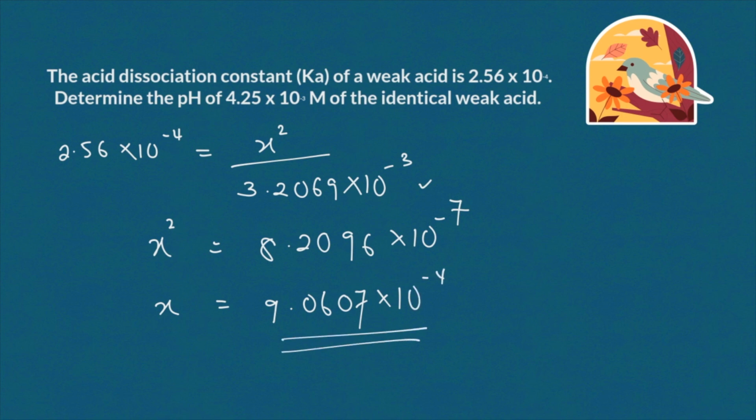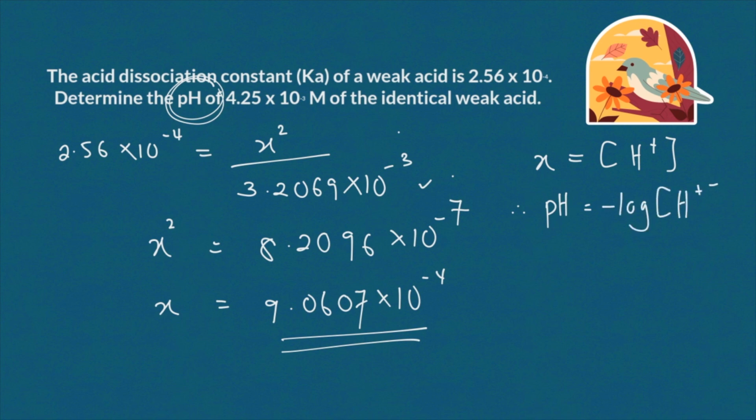Right, let's check again what the question wants you to do. You were asked to determine the pH value. Since this is an acid, the value of x is equivalent to the concentration of H plus. Therefore, your pH is equivalent to negative log H plus.